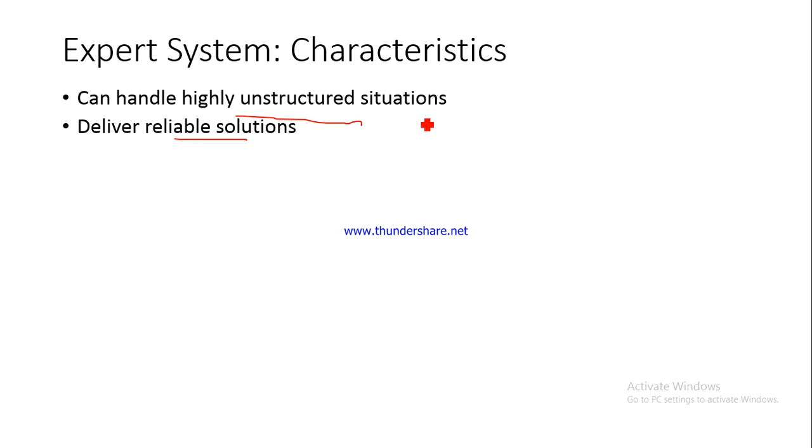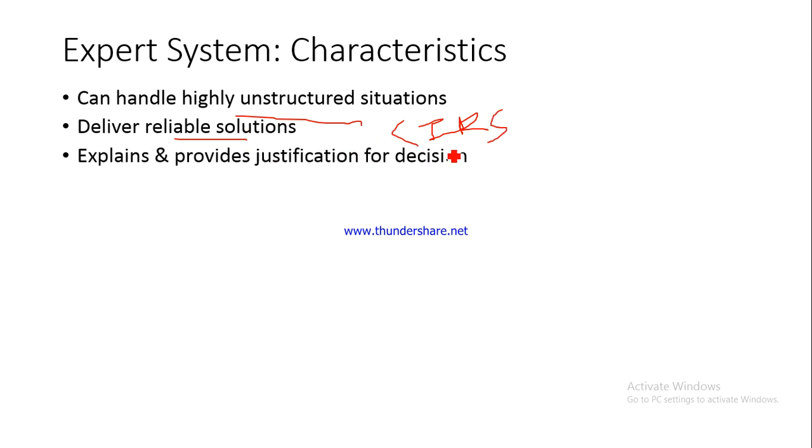They are actually trying to give us what might happen in the future. So though the solutions could be considerably reliable, still the reliability would be less than the information reporting system, which was basically oriented towards the past and was giving us just a summary of what has happened in the past, right? So the reliability is still going to be less than the IRS, though it is still significantly high.